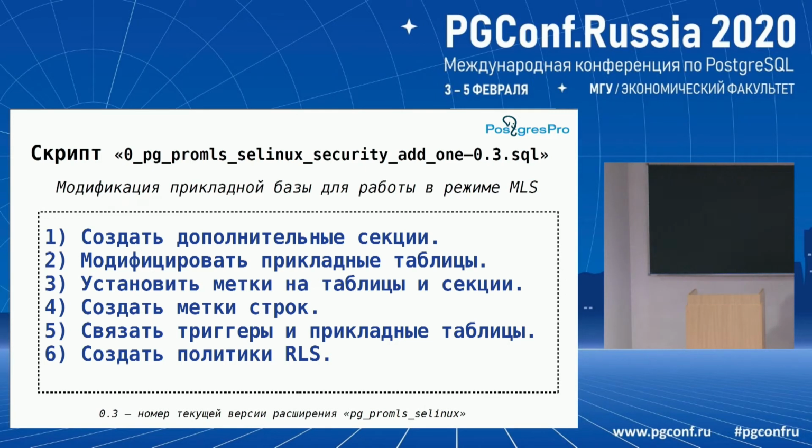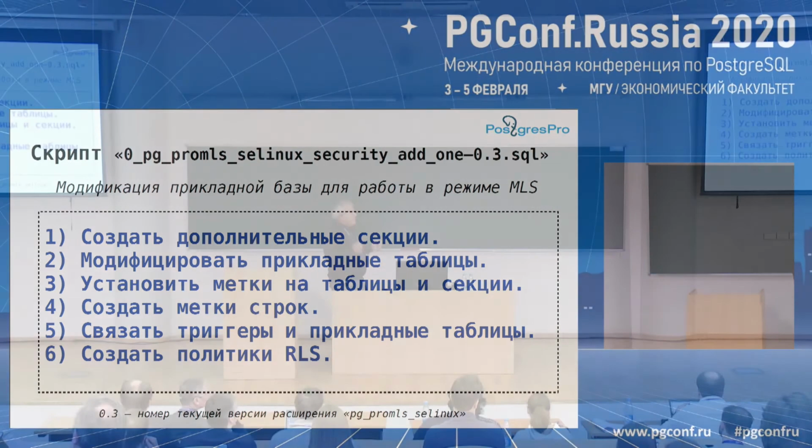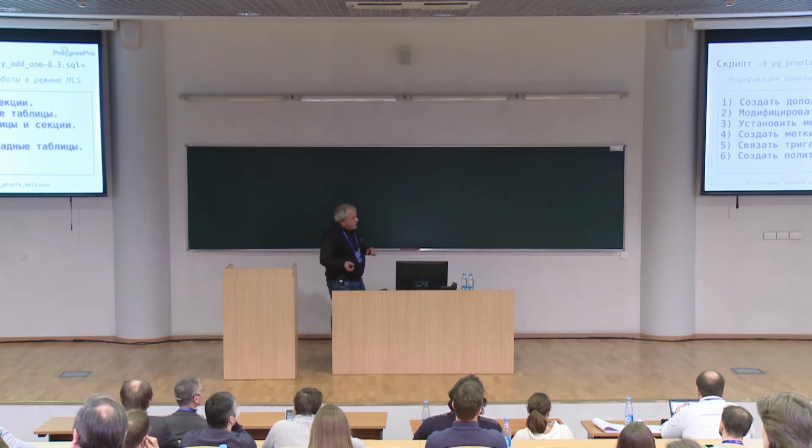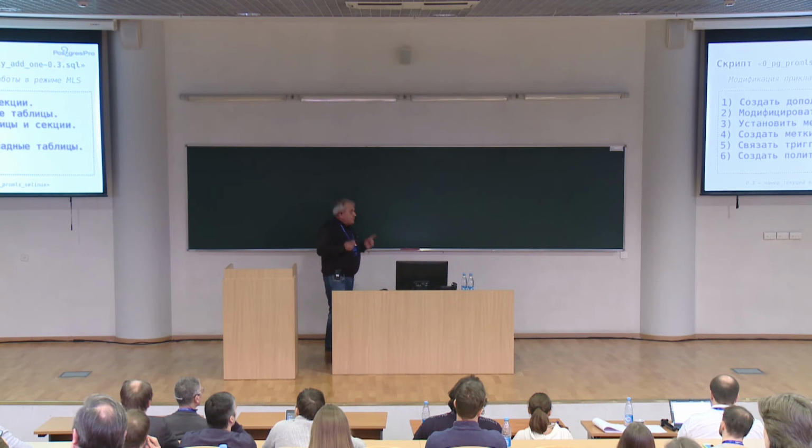This is standard. We create string labels. If these are tables with data, we create labels for each string by default. We link triggers and applied tables and create the RLS policy, most importantly. This is a specific script.